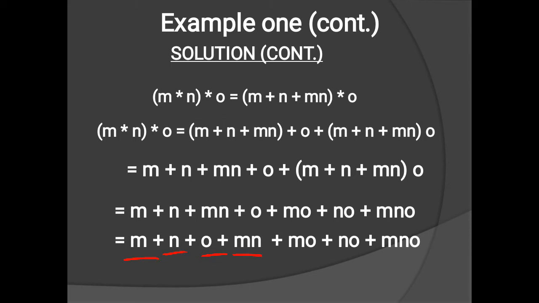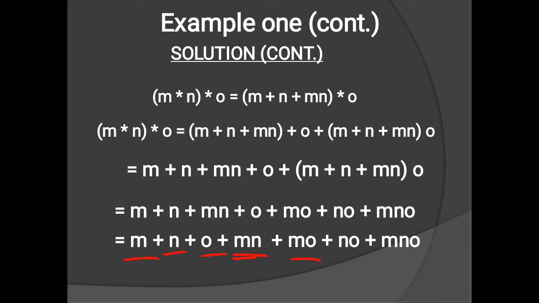Then mn, see, n comes before o, so mn plus mo plus no, because m comes before n, plus mno. So I'm just grouping them. Okay, m plus n plus o, plus mn, plus mo, plus no plus mno.